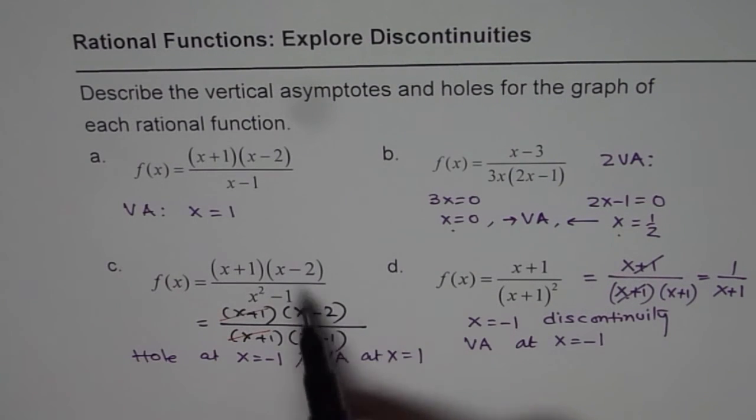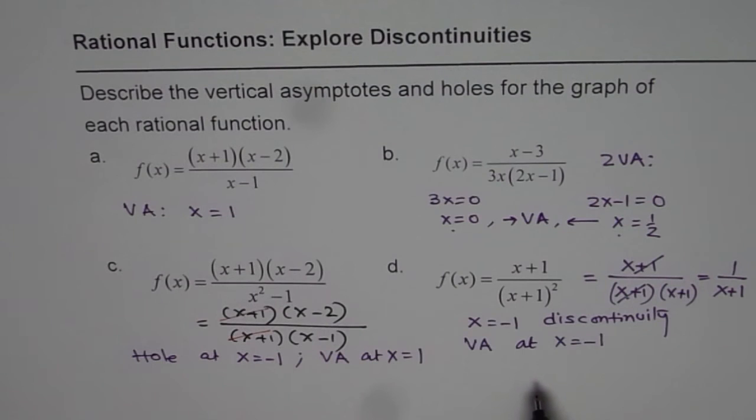So what you get from here is that if the denominator has a 0, then we can get either a hole or a vertical asymptote. If the denominator and numerator have a common factor, in that case also there is a possibility of a hole or a vertical asymptote. Do you see that?